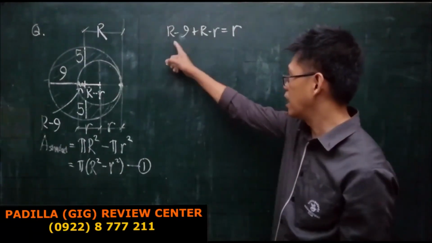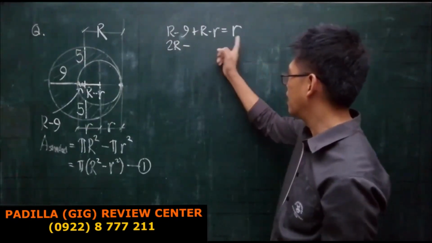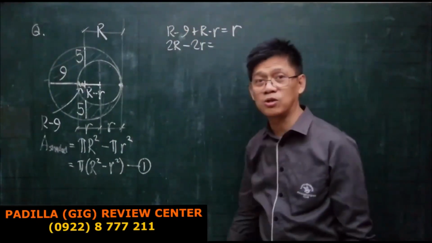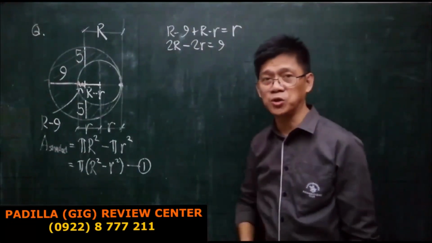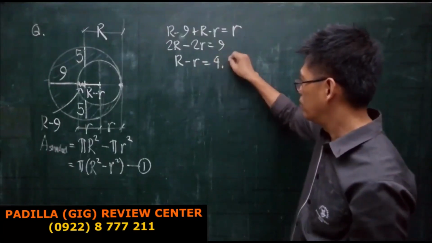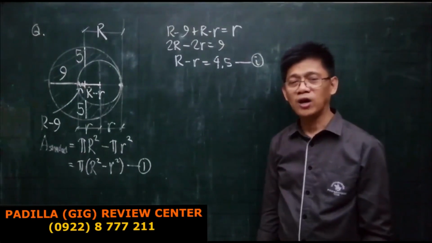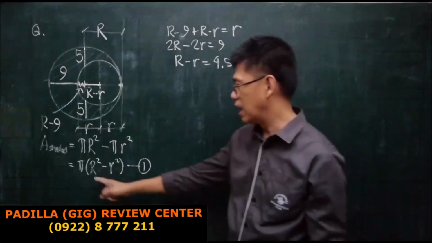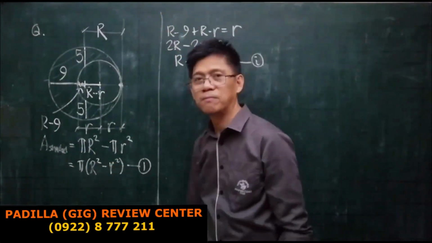We simplify this, R plus R, this is 2R minus r minus small r, 2 small r is equal to, move the negative 9 to the right, this is 9. Divide everything by 2, you'll have R minus small r is 4.5. Let me call this equation 2. So I need just one more equation between R and r, and I'll be able to solve R and r and solve the area of shaded that is required.